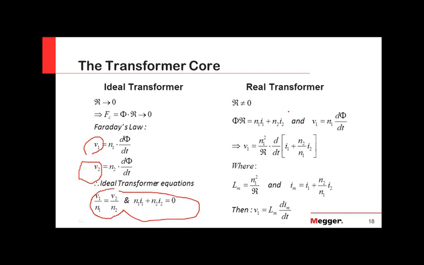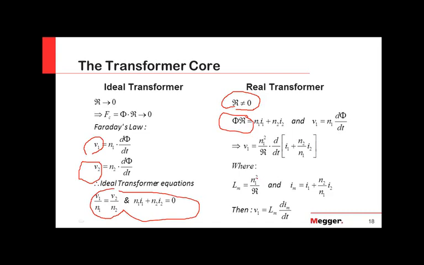When we go into the real transformer, and we understand that the reluctance of the core is not 0, then there should be some flux times the reluctance that will give you the relation of the number of turns and the currents from the primary and the secondary.